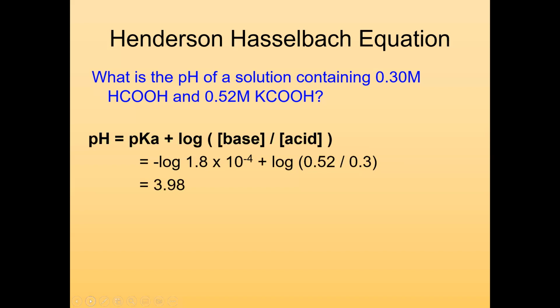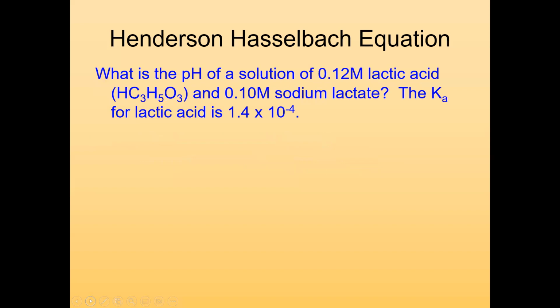So let's look at another one. Here, we want to know what is the pH of a solution of 0.12 molar lactic acid and 0.1 molar sodium lactate. And it tells us the Ka for lactic acid is 1.4 times 10 to the negative fourth. So we're solving for pH.